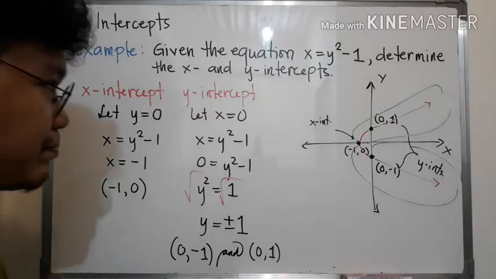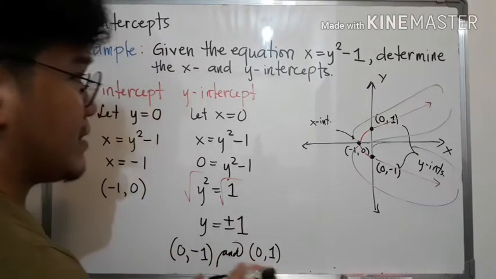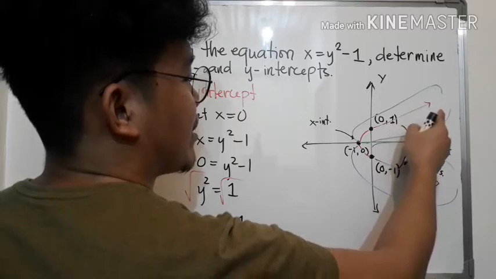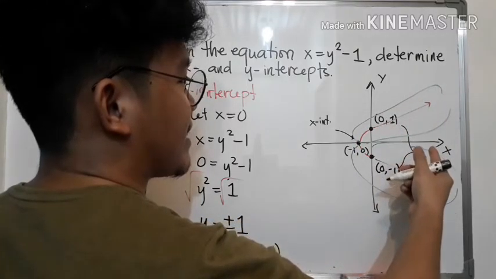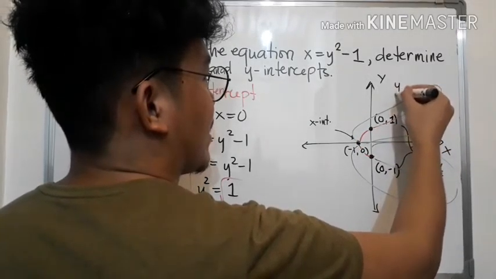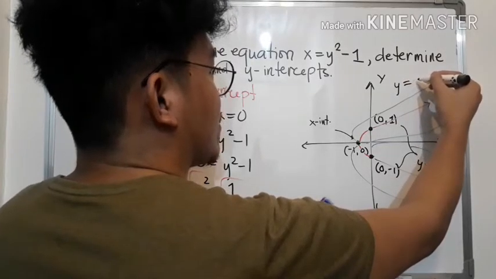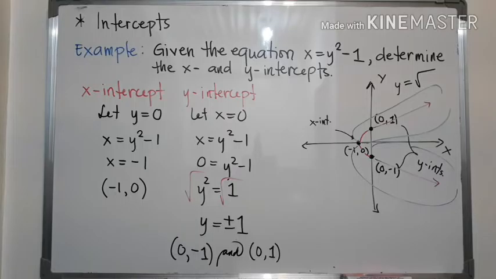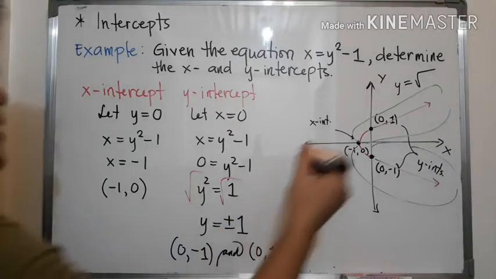Actually, the equation for the graph above the x-axis is y equals the positive square root of x plus 1.